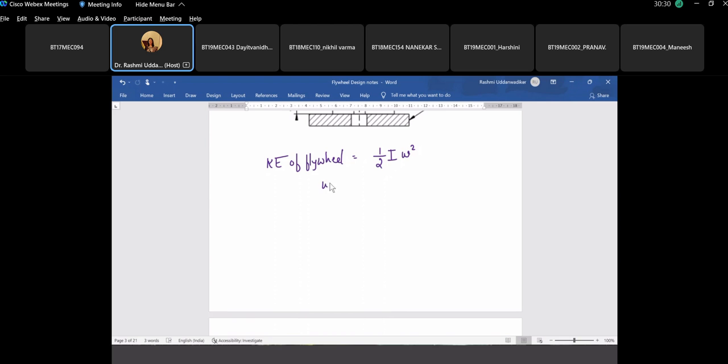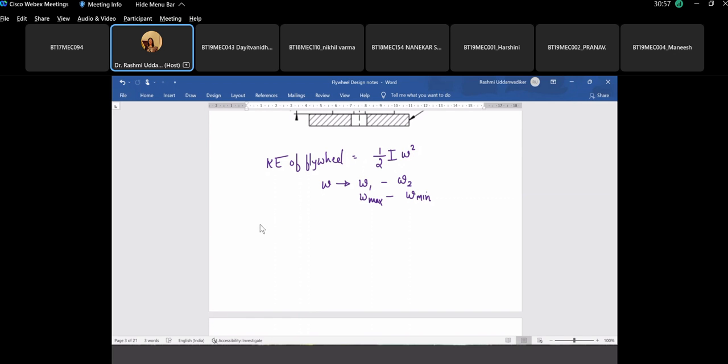Now this value of omega keeps on changing, and this varies from a value of omega 1, if this is maximum, to omega 2, or omega max to omega minimum. So it is continuously varying from omega 1 to omega 2.